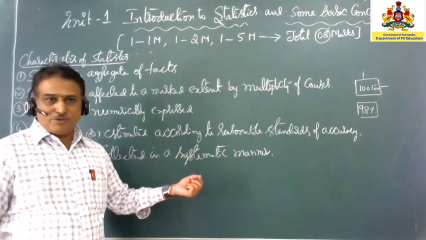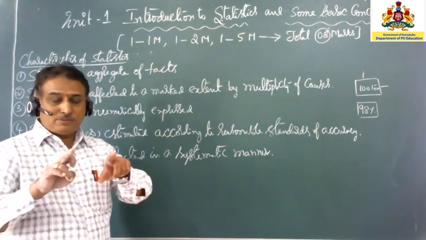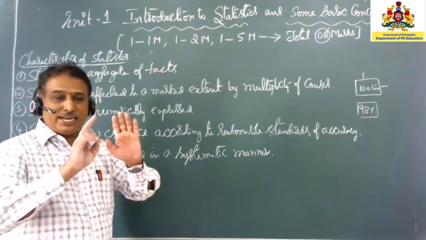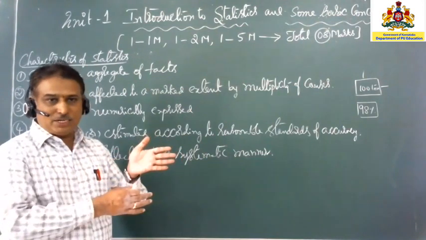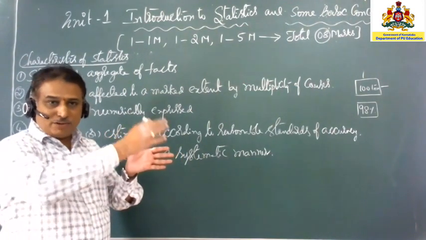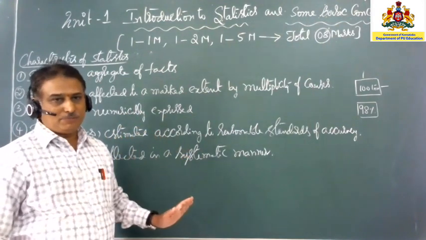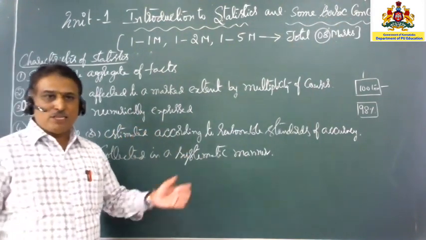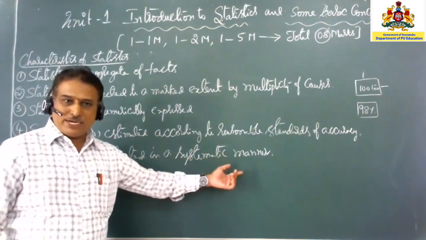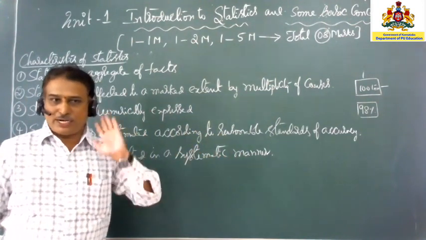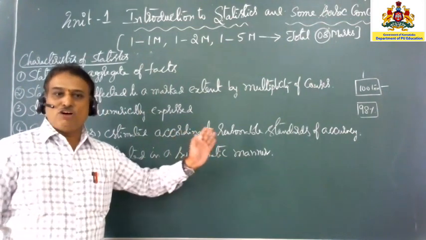Just one example I will give you. See how the information on the SLC board is arranged in a systematic manner. If you observe the SLC marks card, they arrange the information in a systematic manner, in a step-by-step process. Like that also in the survey field, as statisticians, we have to collect the data in a systematic manner, in a step-by-step procedure, and also in a logical manner.